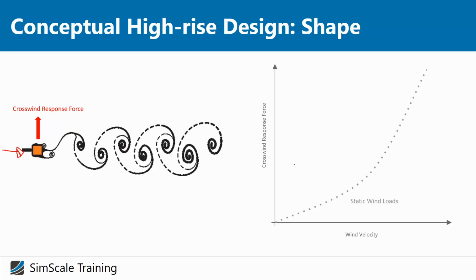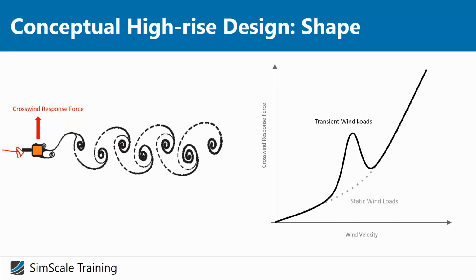And the very interesting thing about this crosswind response force is the fact that you get different loads for transient wind loads and for static wind loads. So this diagram is representing the crosswind force as a function of the wind velocity.